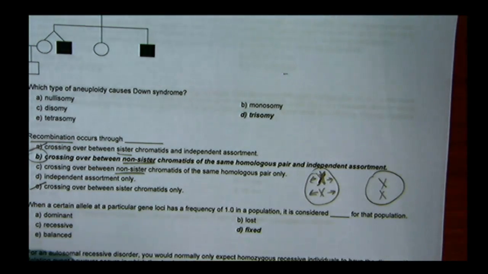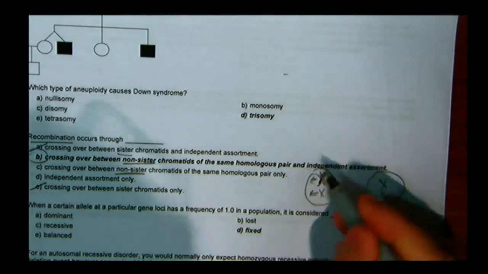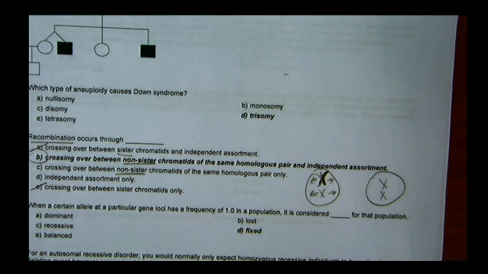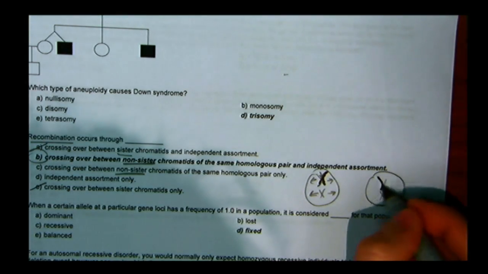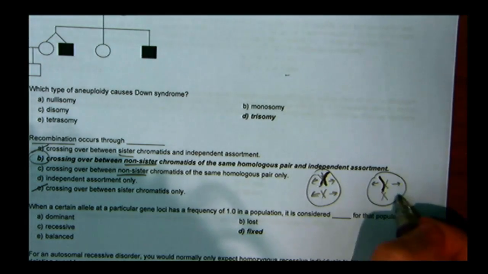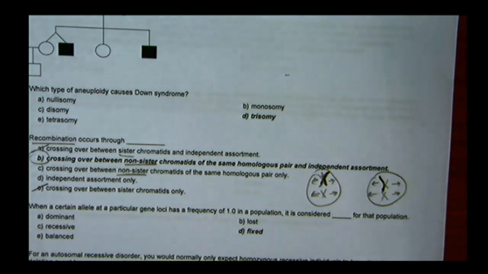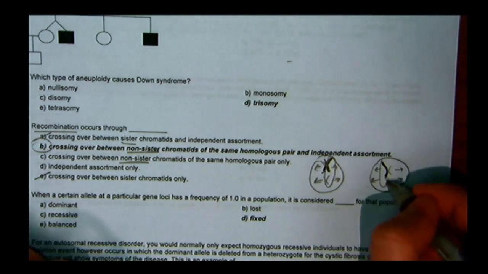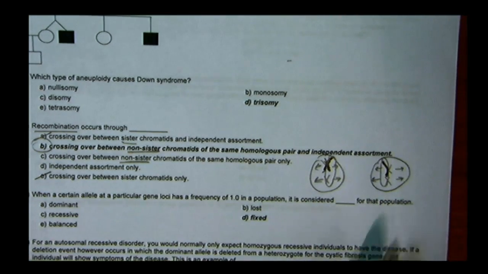When it lines up again next time, it might be on the left. So this is going to create different types of gametes, because this allele is going to go with this one this time, but it might go with this one the next time. There's no order, there's no direction in which each allele is, whether it's to the right or to the left of the cell. It's going to change each time because it's random, so that is going to give you recombination.